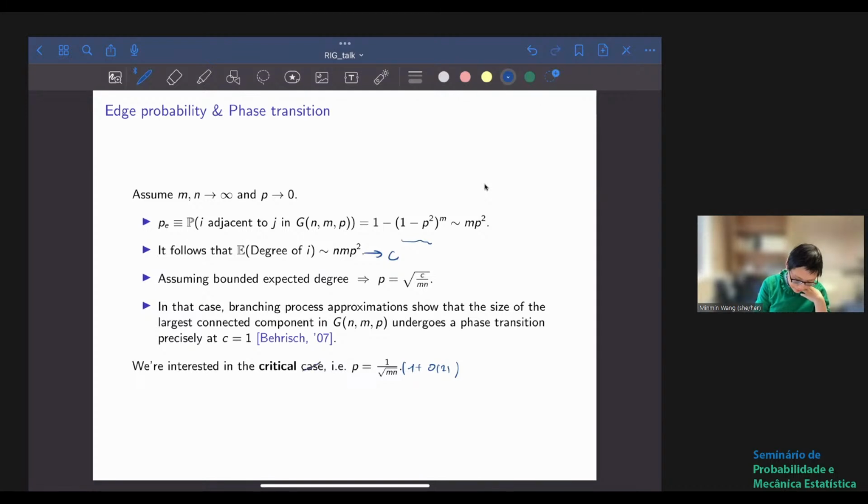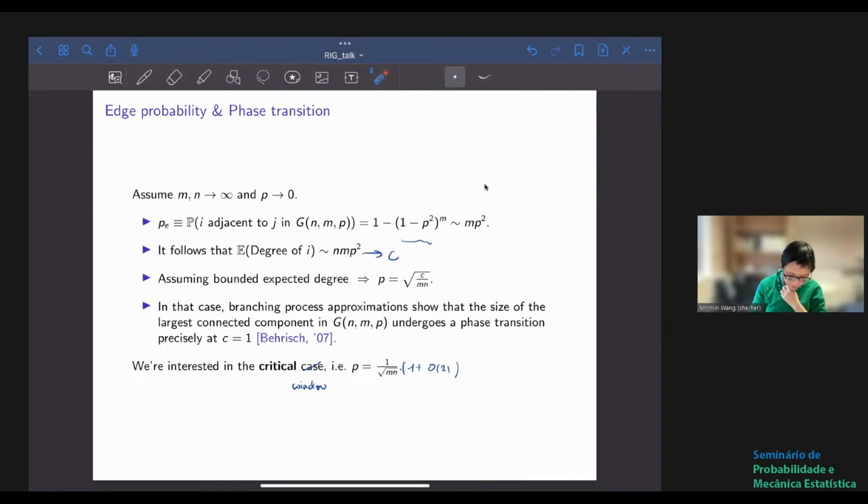This is actually called the critical window. So I'm interested in the random intersection graph when p is of this form. Up to this point, these arguments follow very much the footprint of the Erdős–Rényi graph.